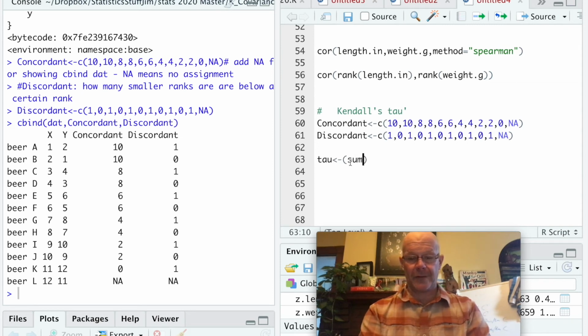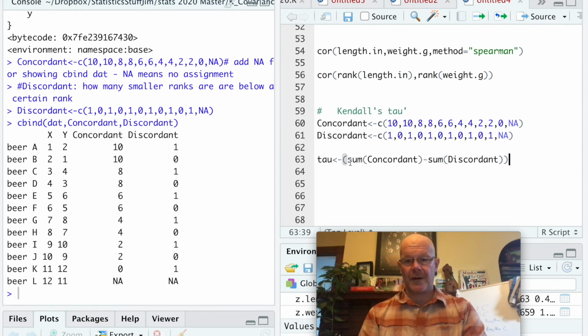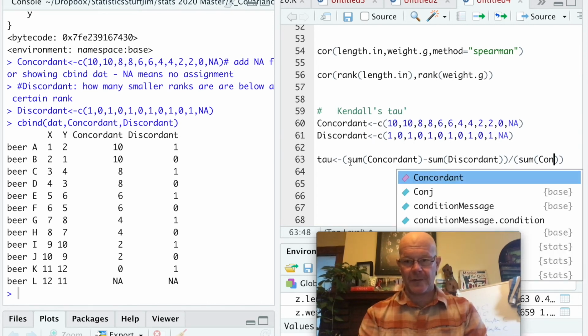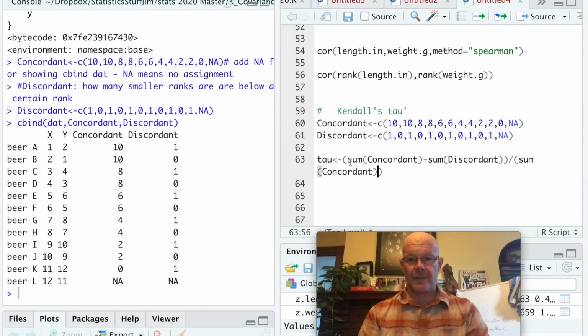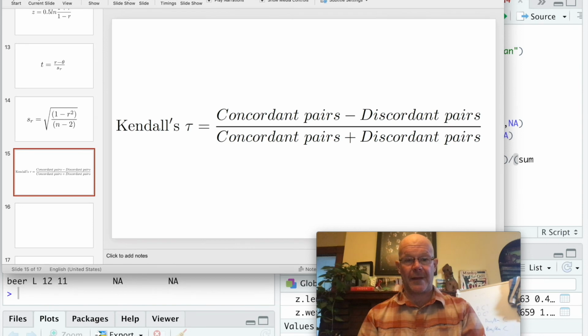It's going to get the sum of concordant minus the sum of discordant, and we're going to take all of that and divide it by the sum of concordant plus the sum of discordant. Oops, discordant. Okay, so all I've done is type in that math.